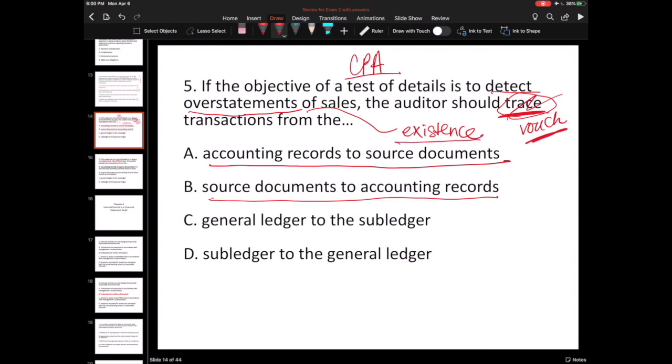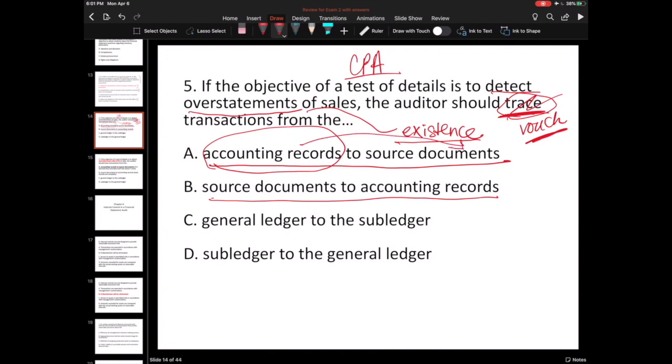of existence. So if I'm doing a test of existence, I know directionally, I am worried there are things recorded in the company's records, on the company's books, that don't exist. And if I think the company has recorded stuff on its books that don't exist, I need to test directionally from the records or books where I think the stuff is recorded that doesn't exist out to source documents, right?